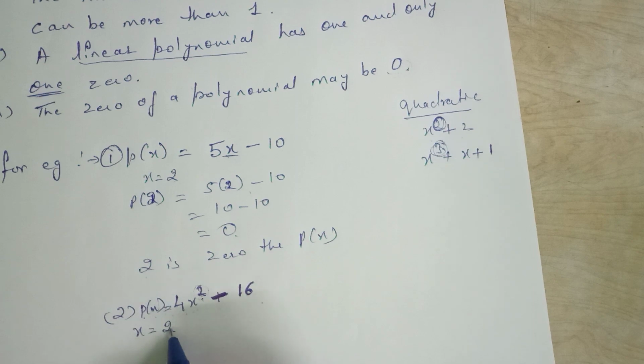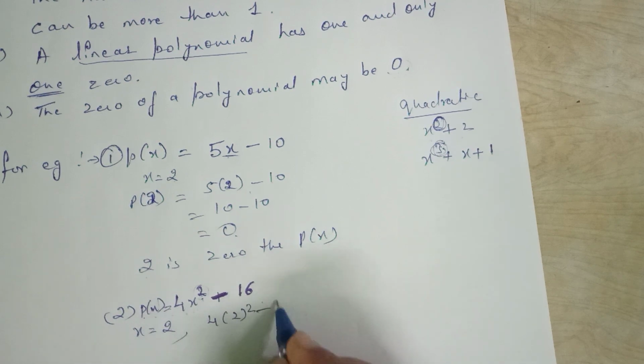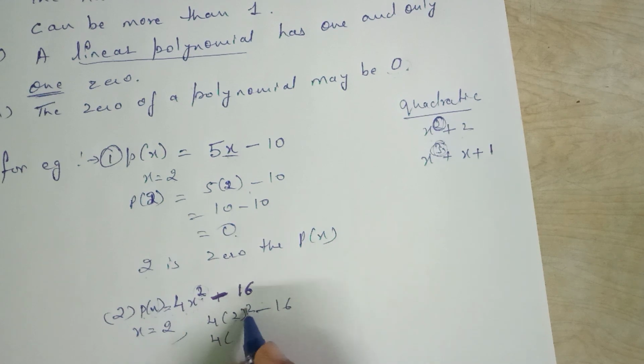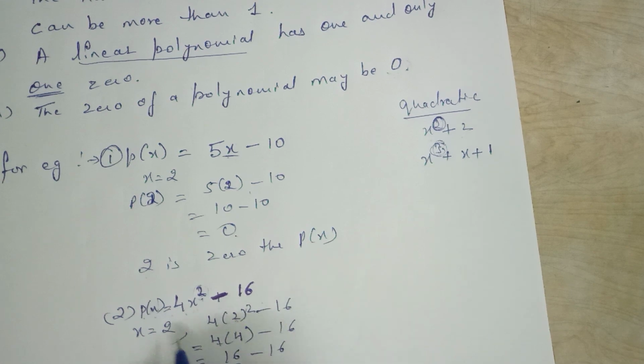If I take x equal to 2, then it becomes 4 into 2 square minus 16, 2 twos are 4, 4 fours are 16, and 16 minus 16 will give 0. So taking x equal to 2, after calculation we get the value of the polynomial equal to 0. So we say 2 is a zero of the polynomial.